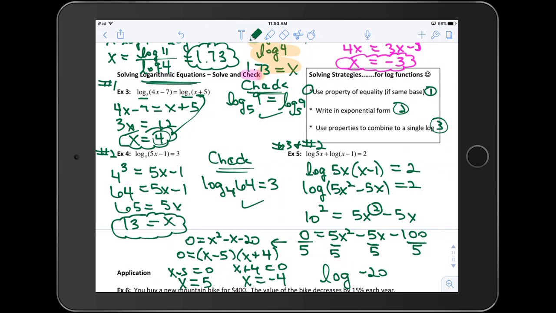So I'm just letting you know that you can't take a log of a negative number. And again, the reason is graphically, you can't even get a negative because it gets closer and closer to 0. But you need to check it, otherwise you're just going to say, hey, that's a solution, and that's going to be where you go wrong.